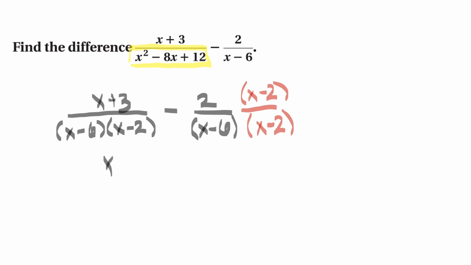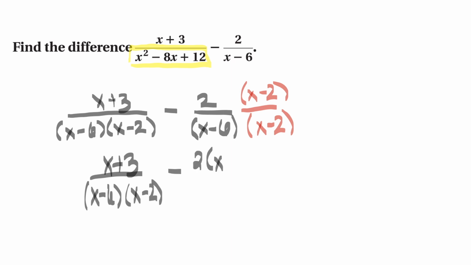So I have x plus 3 over x minus 6 times x minus 2, minus 2 times x minus 2 over x plus 6 times x minus 2.